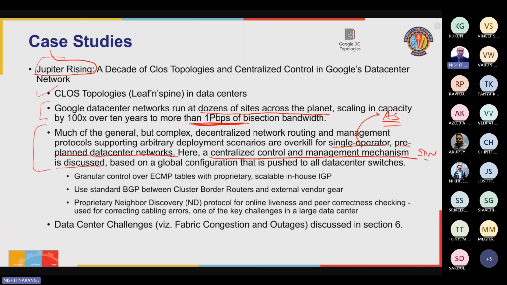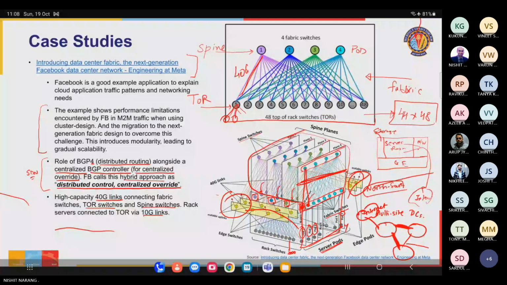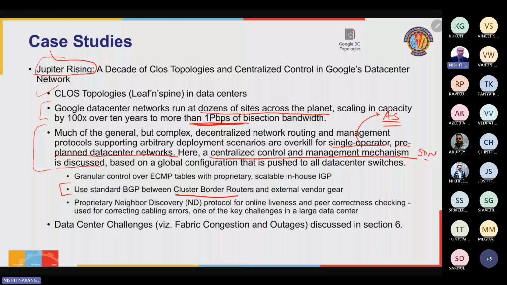Right? But because you also need to connect to the outside, remember in the Facebook architecture also we had these edge switches. We have to connect to the outside world as well. So what they've also done is they are still using standard BGP. But this is what they use between the border routers and the external vendor gear.